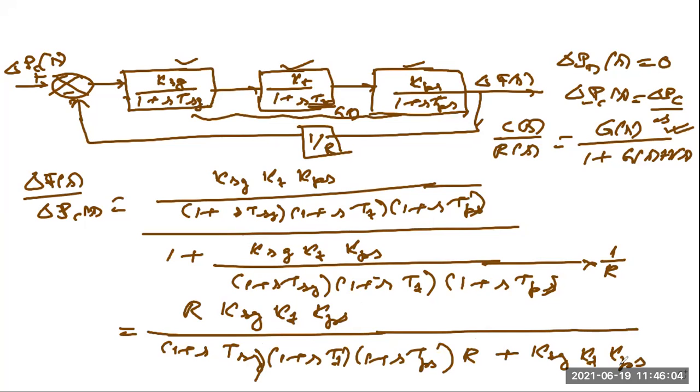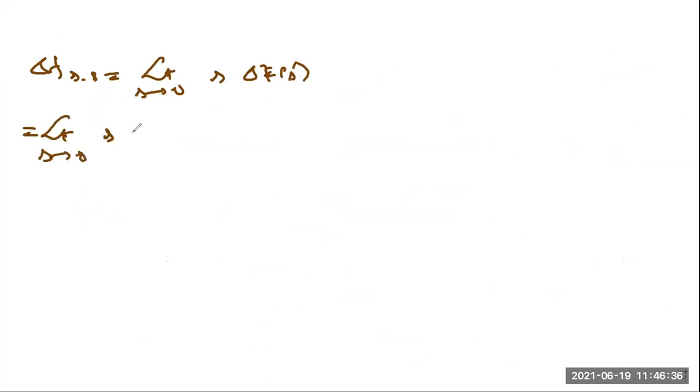Yes, sir. Okay. So delta Fs we can write, this is equal to, we'll multiply here, so this will be delta PC by S. Okay. So the steady state error, delta F steady state, is equal to limit S tends to 0, S into delta Fs. So we'll substitute now limit S tends to 0, S into this term.